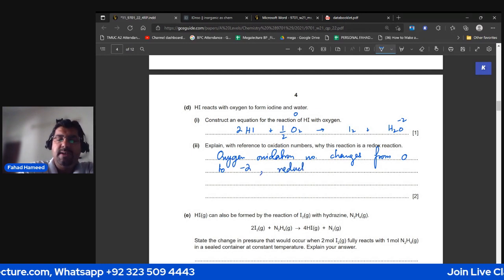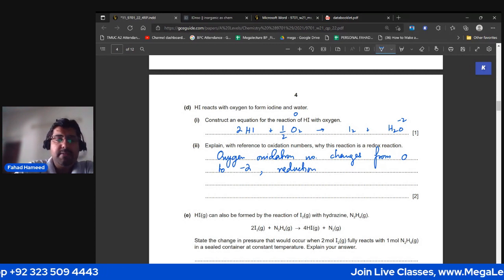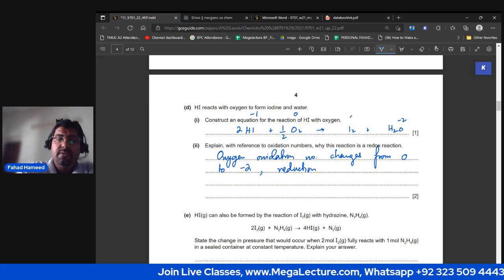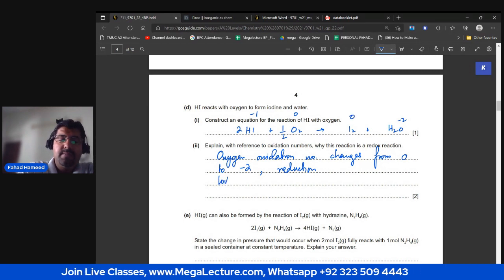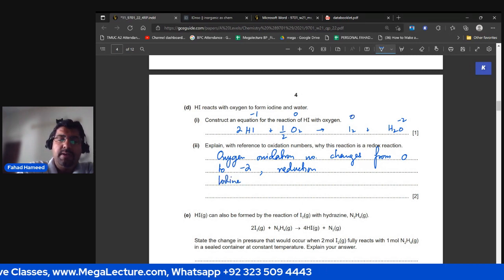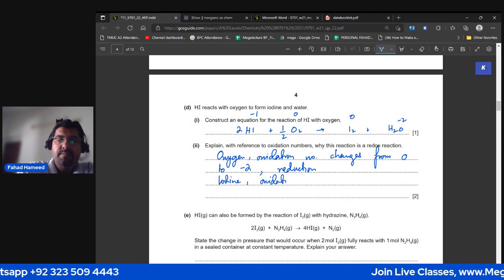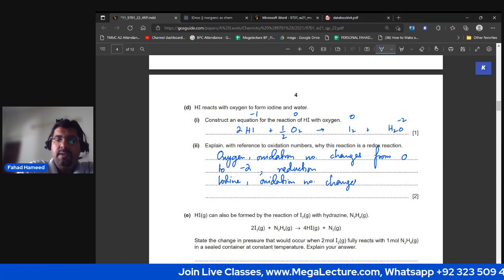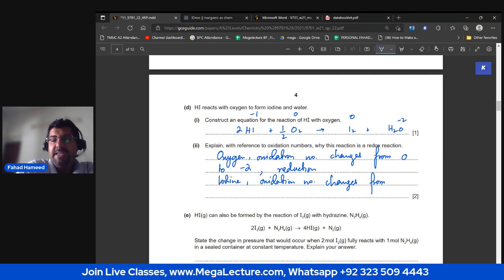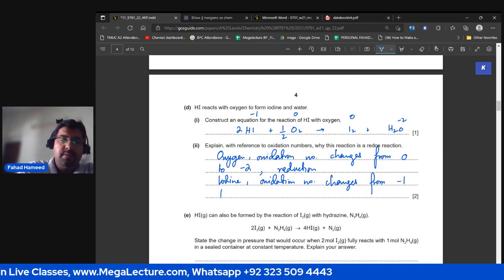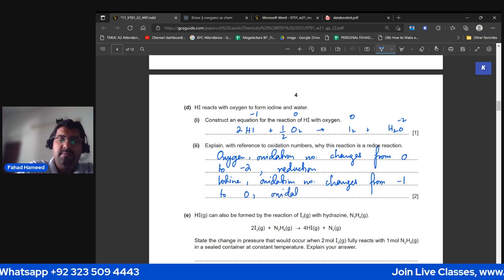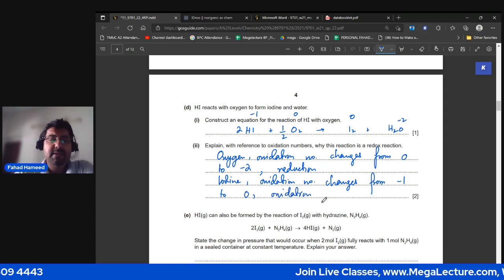So that means reduction happened. And you can quote the other one, which is who's getting oxidized? Iodine goes from -1 to 0. So the iodine oxidation number changes from -1 to 0. So this is oxidation. So with reference to oxidation numbers, it's a redox reaction.